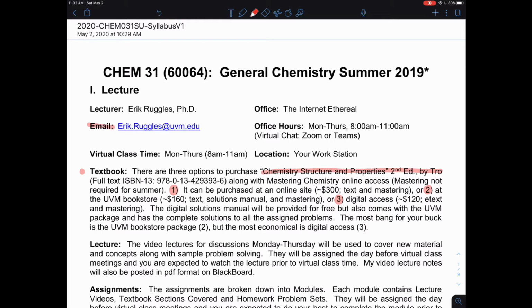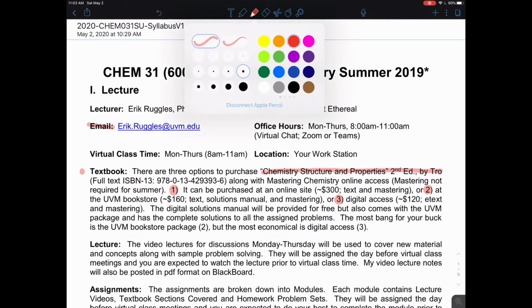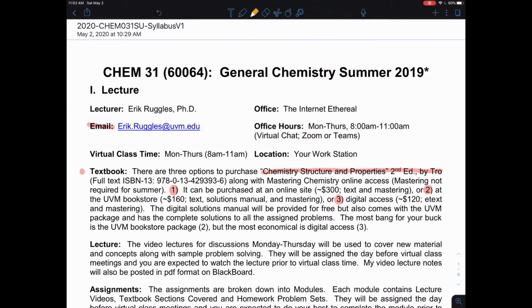That's definitely the cheapest. And you need to have with that the e-text as well as Mastering. The important part that we need to take into account here is that we need a text, and we also need Mastering Chemistry online access. So we need both of those going forward.